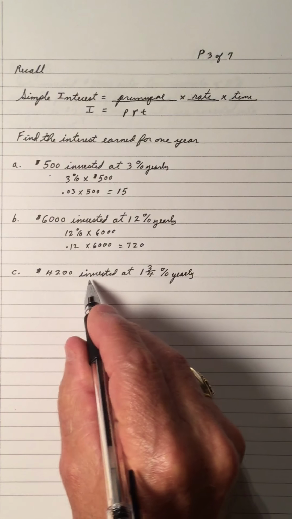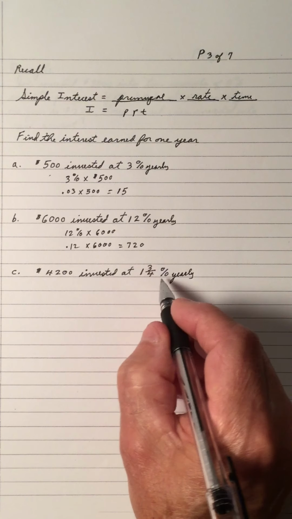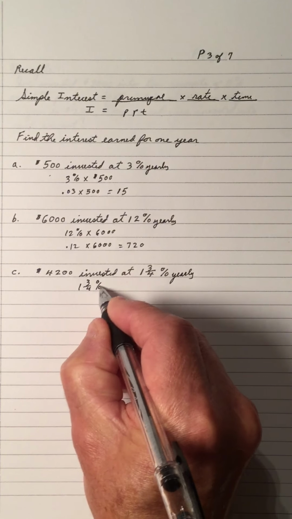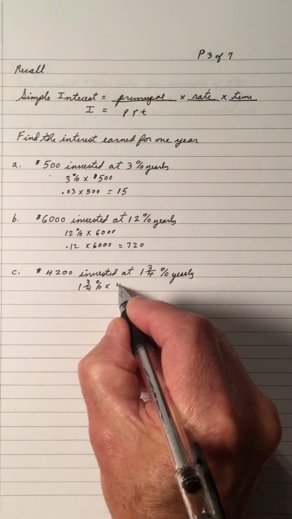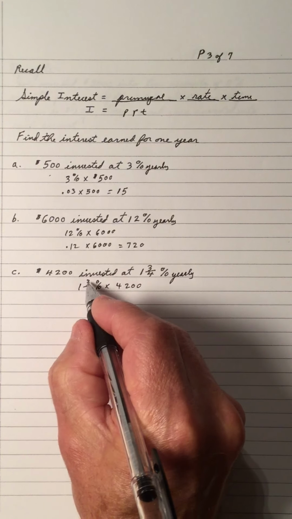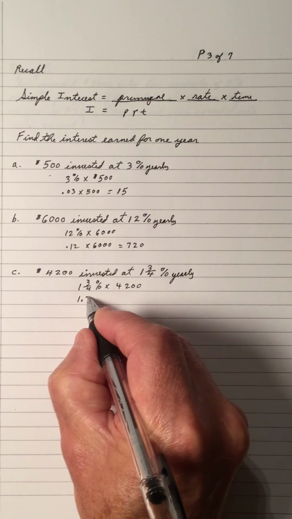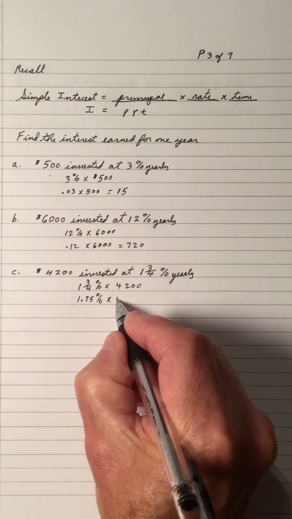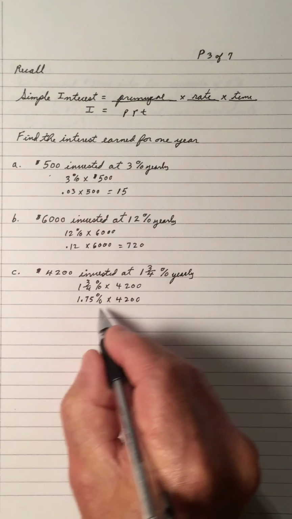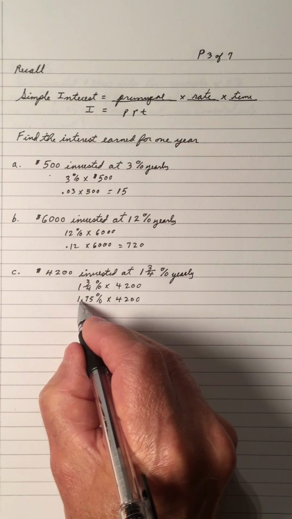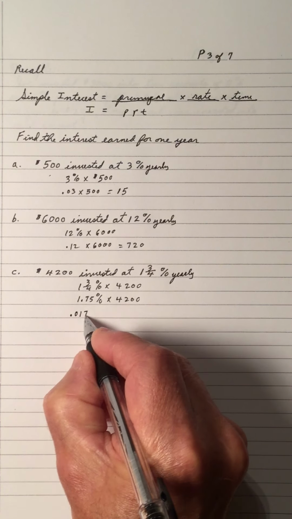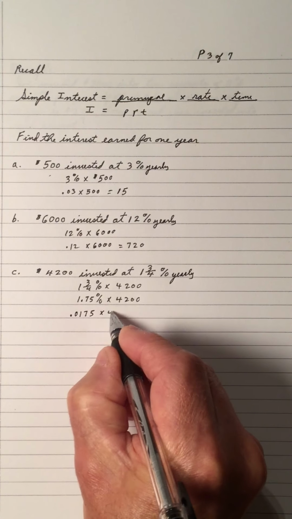And $4,200 invested at 1.75%, so it's 1.75% times 4,200. 3/4 is decimal 0.75. Change your fraction first. And now it's easier to convert percent. Move it 2 places to the left, so it's decimal 0.0175.